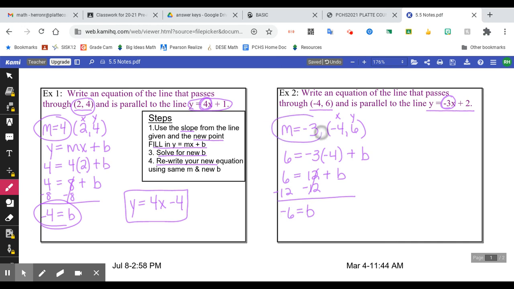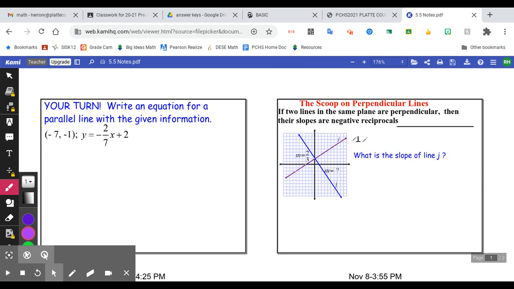And again, here's my m, here's my b, y = -3x - 6. Now, you'll notice that the equations are different, right? They have different y-intercepts, but they have the same slope, and that's because they're parallel. In order to be parallel, they have to have the same slope.